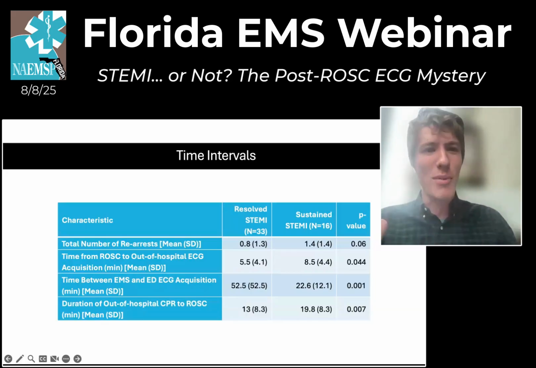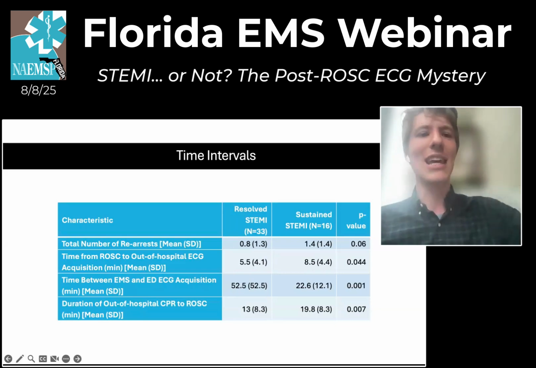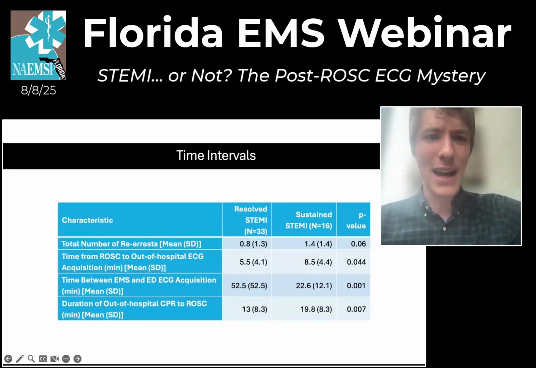So do you have any comments about whether any therapies were delivered in the ED that could facilitate reperfusion and lead to that late ED ECG acquisition in that group?